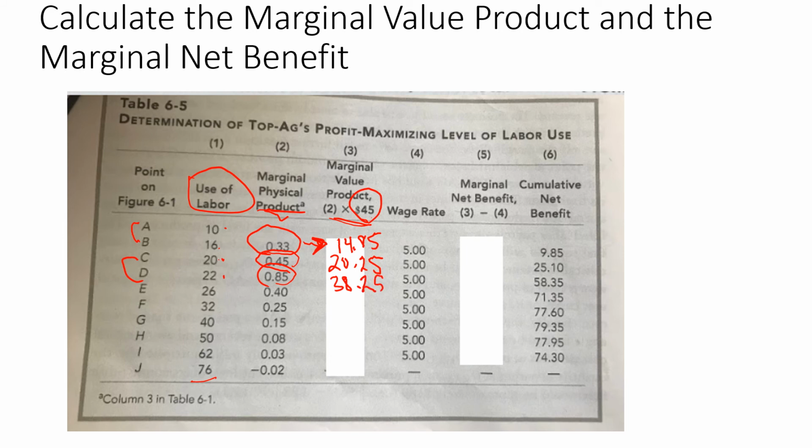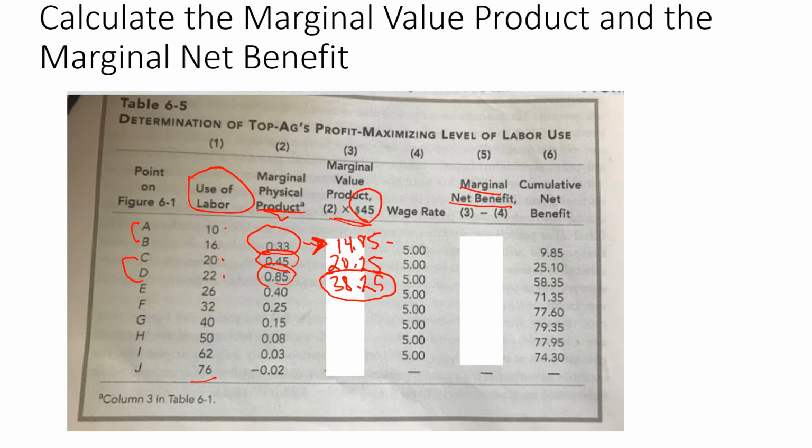So again, if we're adding 1 more hour of work, we are gaining at this point $38.25 worth of value in our product. So as long as we're paying them less than $38.25 per hour, then we would be making money, because our marginal net benefit is just the difference between the marginal value of product and the wage rate.